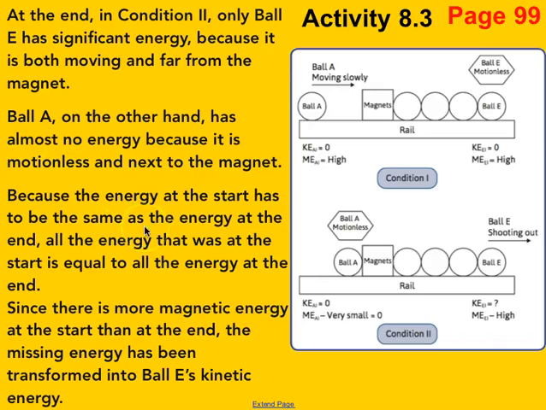And again, the reason is that ball E is further away from the magnet, which means it's going to have more magnetic energy, and that got transferred into the KE.